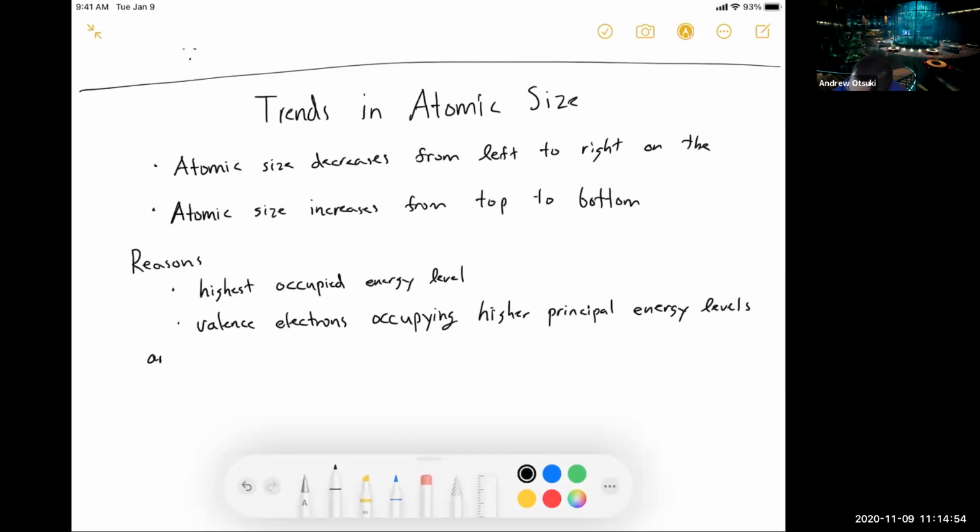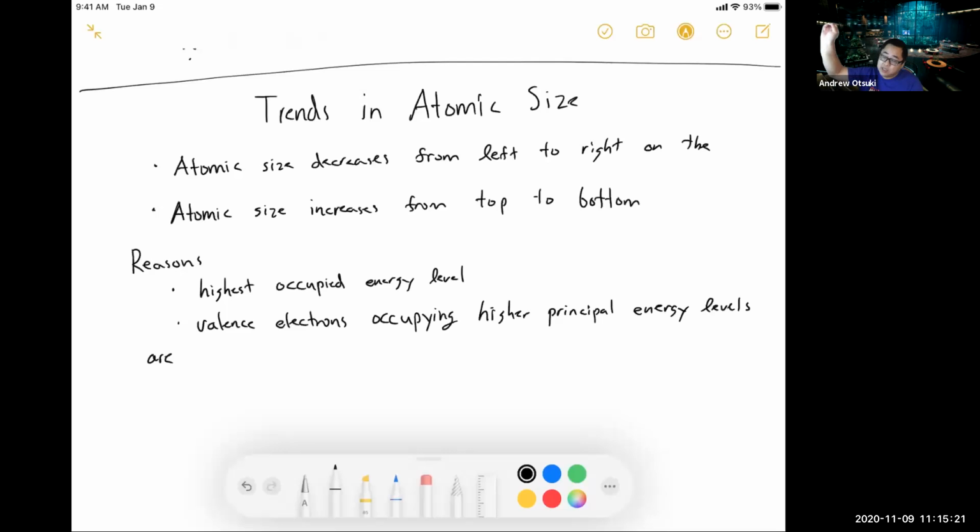So the further you are above, as you increase the energy level, n equals 1, n equals up to 4, those levels are increasingly higher in energy and away from the nucleus. So it's going to be farther away, and that will overall increase the size of the radius.